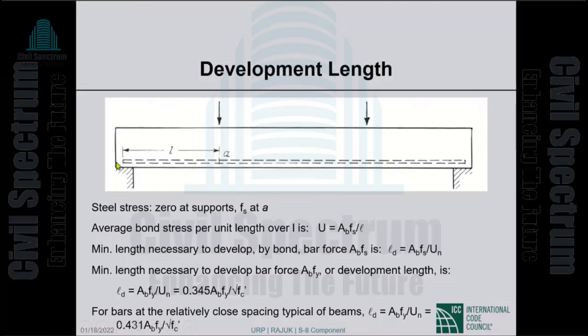Okay, average bond per unit length over this L is A sub b f sub s divided by L. The other way to think is the stress in the bar changes from 0 to f sub s because of bond between the reinforcement and the concrete. So this bond per unit length U multiplied by L must add up to A sub b times f sub s. So that is understandable.